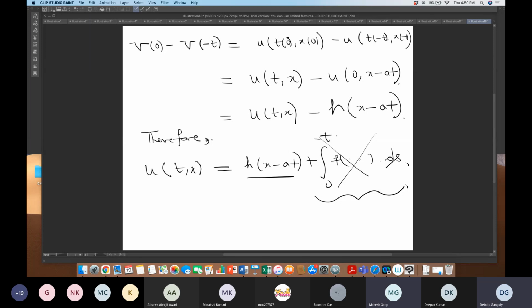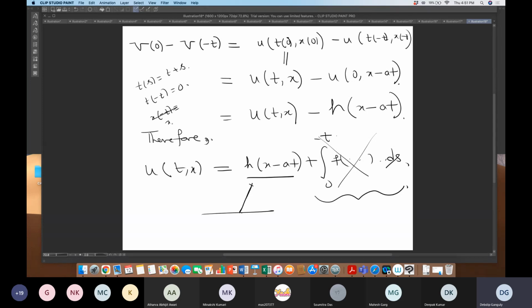Sir, can you explain the second line? How did we go from the first line to the second line? Here to here, on this page. What I have defined: T of S is T plus S. T of minus T is 0. You have to take it backward.